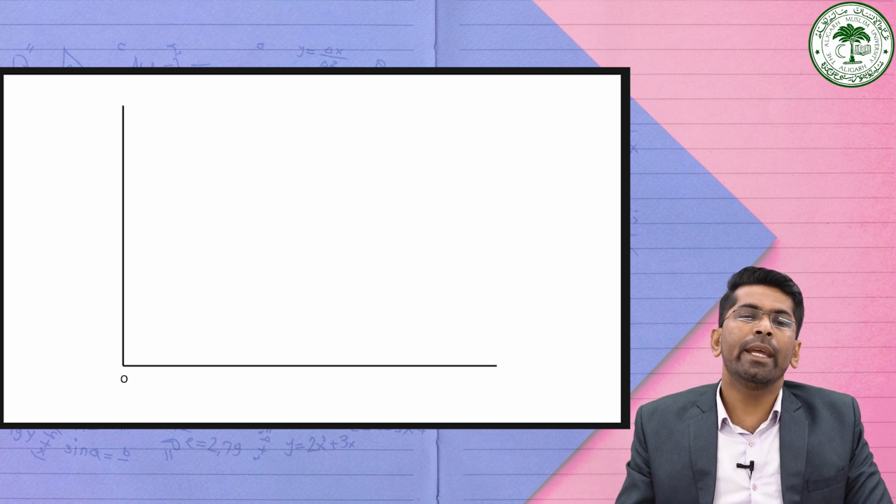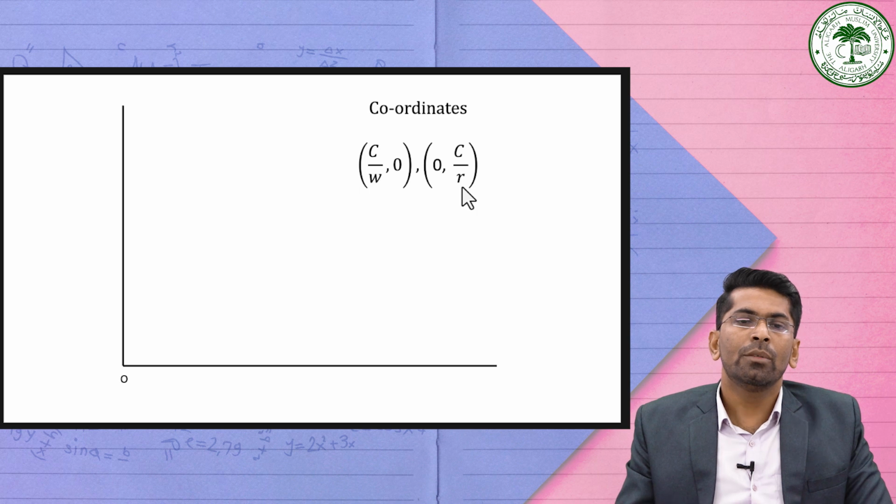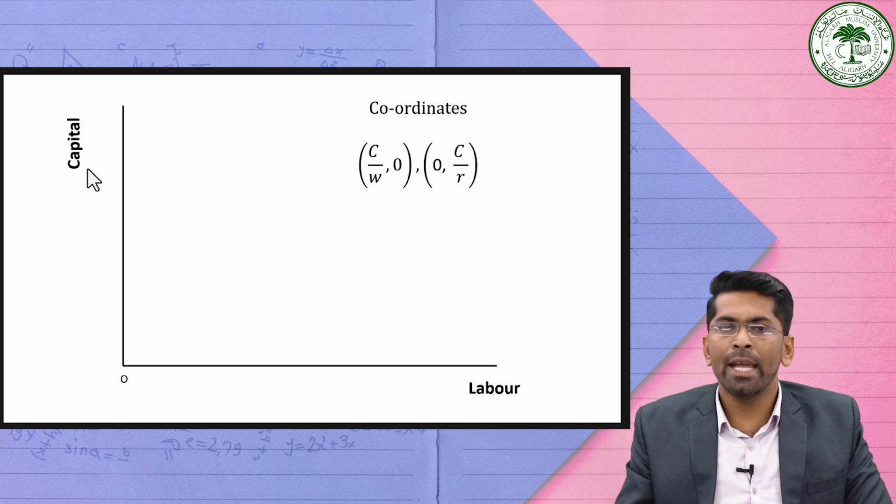Now we are going to make the graph of this isocost line. We have the coordinates we already calculated: C upon W when y is equal to 0 is the x-intercept, and this is the y-intercept. Here we take labor on the x-axis and capital on the y-axis and mark the coordinate points.